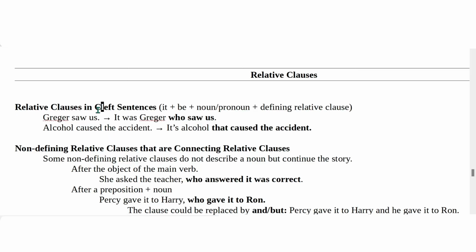So there are some types of sentences called cleft sentences. These sentences are more advanced. They are like B2, C1, okay? And they are used to give emphasis. Remember, you know emphasis?